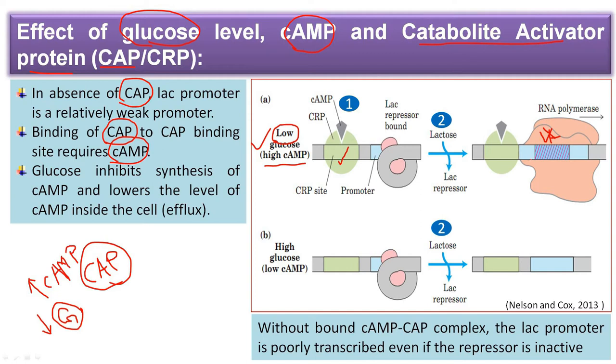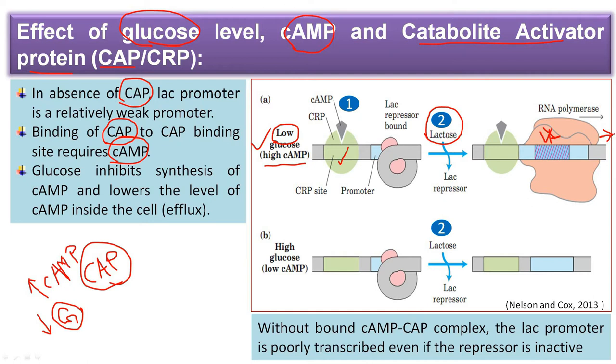Now the second condition is also fulfilled here. The lactose is present here. If lactose is present, its isomer allolactose will form, and this allolactose will inhibit the repressor, and as a result the operator site is also free. So in the first figure we can see both conditions are fulfilled.